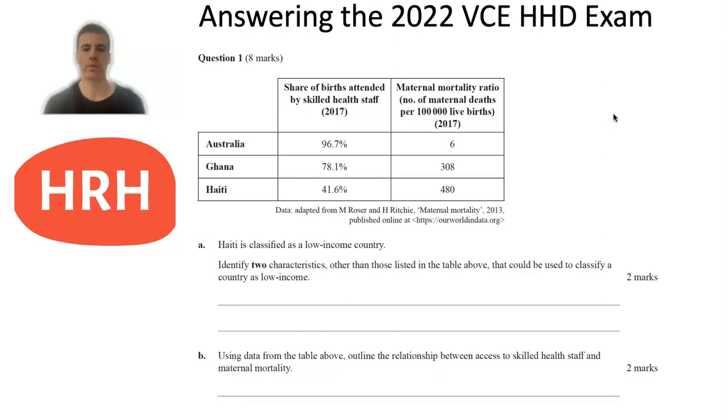For B, for 2 marks, they were asking you to use data from the table to outline the relationship between access to skilled health staff and maternal mortality. So you can see here, as you move from Haiti at 41.6% to Australia at 96.7%, there's an increase in the share of births attended by skilled health staff. And then the relationship with maternal mortality ratio is that there's consequently a decrease in the maternal mortality ratio per 100,000 live births from 480 to 6.